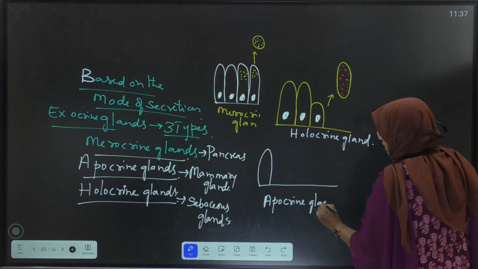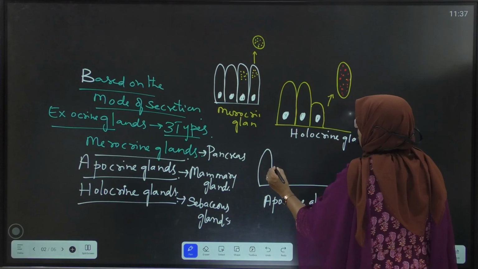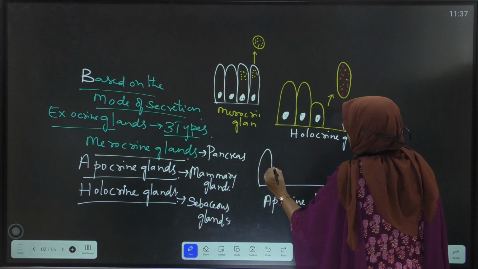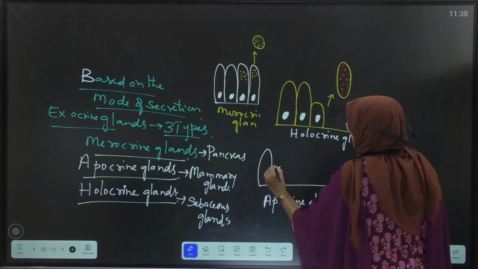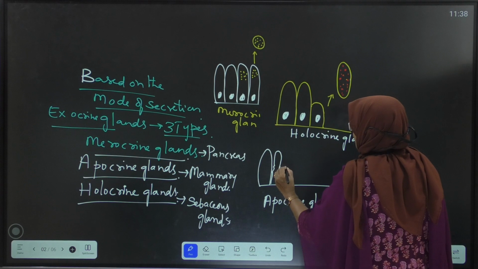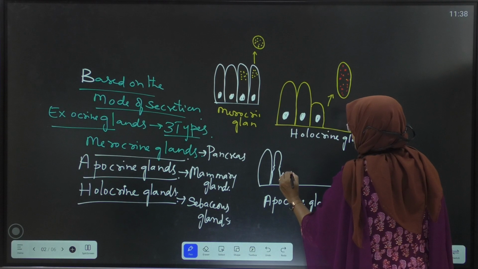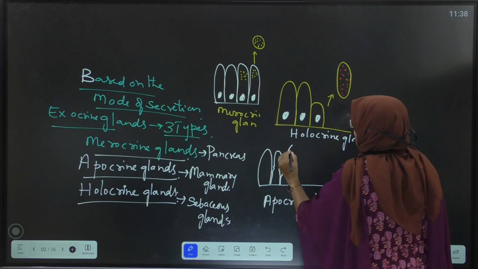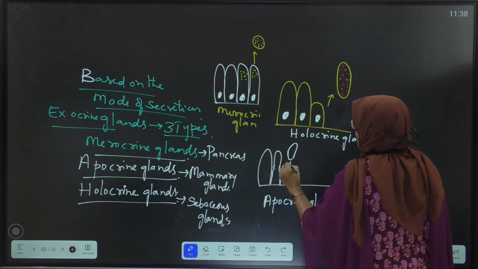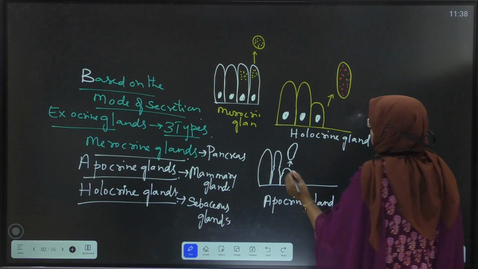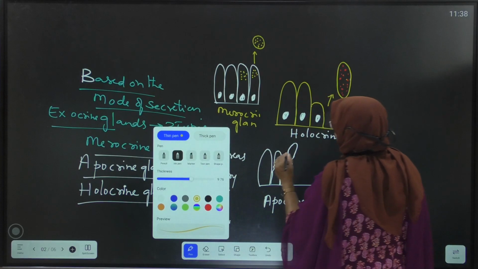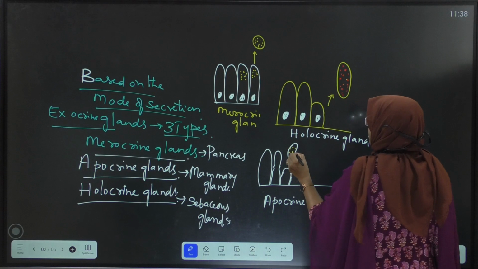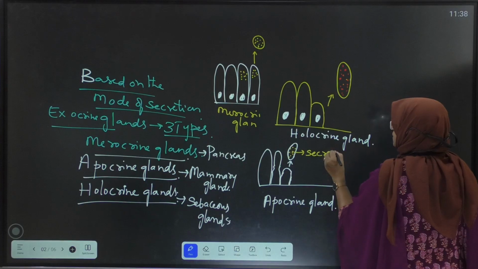Next, about apocrine gland. These are the secretory products.